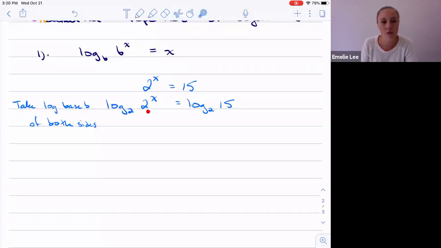Log base 2 of 2 to the x, log base b of b to the x equals x. Log base 2 of 2 to the x equals x. Right, so these essentially cancel each other out. So this drops down here. X is log base 2 of 15.